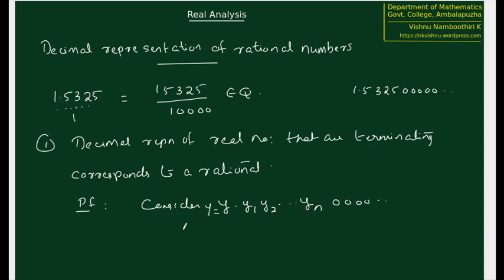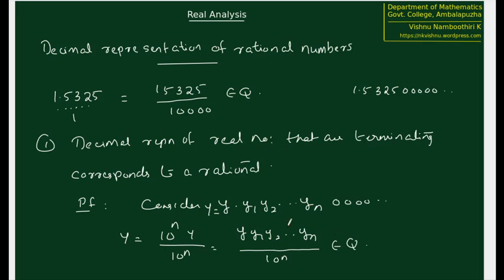Therefore we can multiply this with 10 to the power n. So Y equals 10 to the power n Y divided by 10 to the power n. Now if we are multiplying with 10 to the power n, then 10 to the power n Y becomes y y1, y2, etc. yn, and this is an integer. Now Y is going to be this integer divided by 10 to the power n, and this belongs to Q.